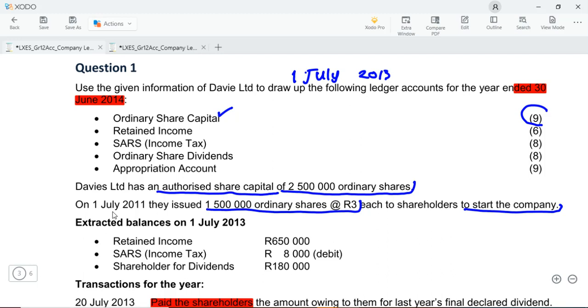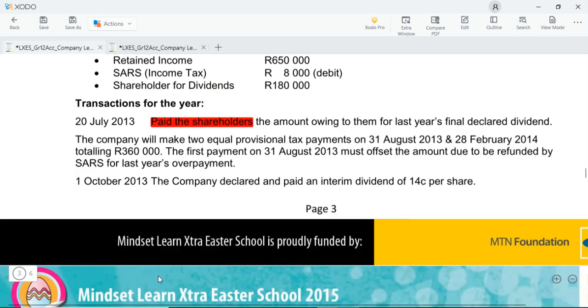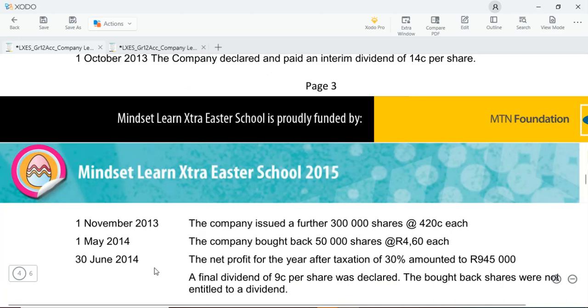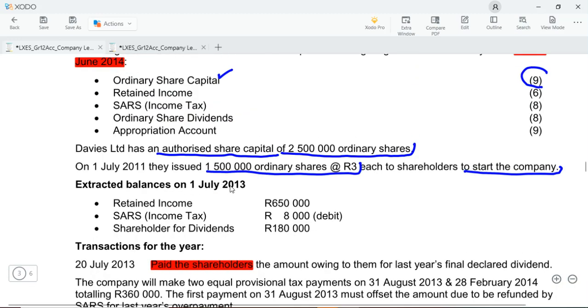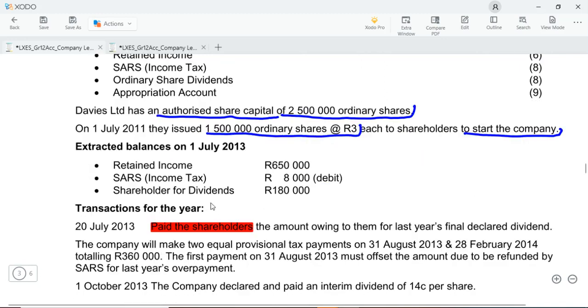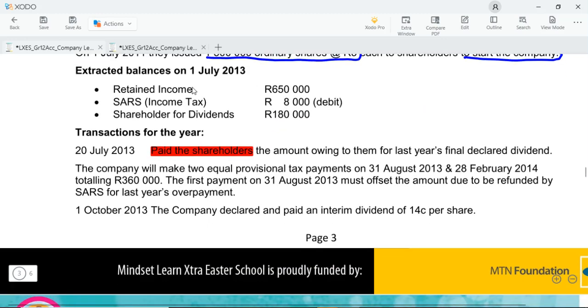What you need to do is check whether anything else was issued before the 1st of July 2013. When I went through these transactions, I saw that nothing else was issued before this. So it means that automatically the monetary value of the shares that were issued on 1 July 2011 will become our balance on the 1st of July 2013. Which is what we are going to do.